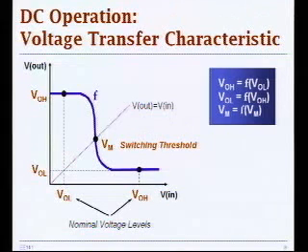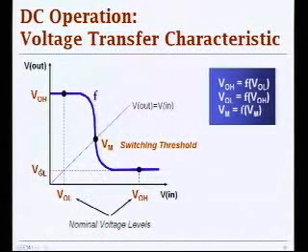Then we went on to define DC voltage transfer characteristic for a gate, because this was very important to understand reliability and noise immunity of your gates. So for that purpose, we drew voltage transfer characteristic that was characterized on this graph, and what this tells us is basically nominal voltage levels.